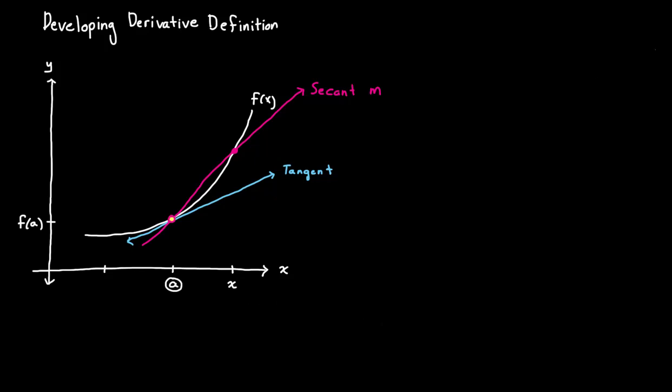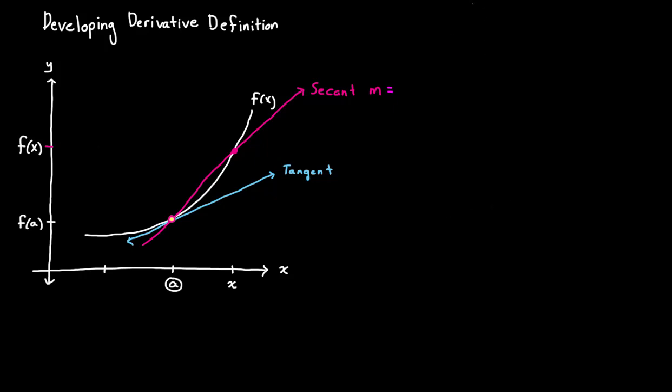Now, a little bit of rise over run, a little bit of algebra is going to tell us what the slope of the secant line is. And so if I do change in y over change in x, let's go ahead and label this corresponding y value to be f at varying x.